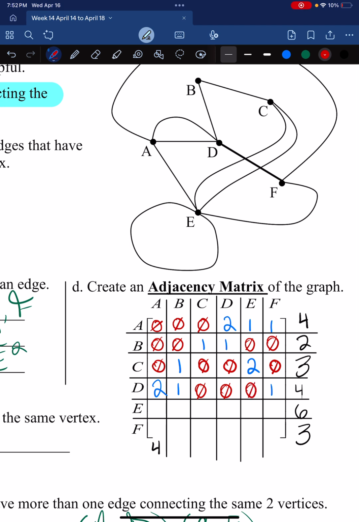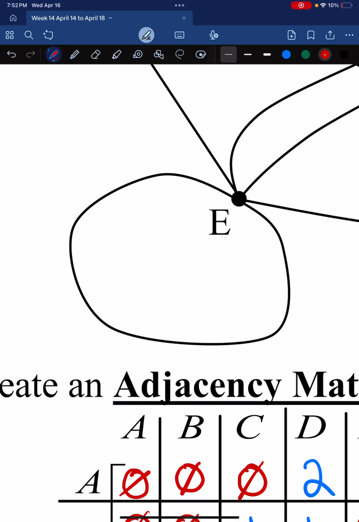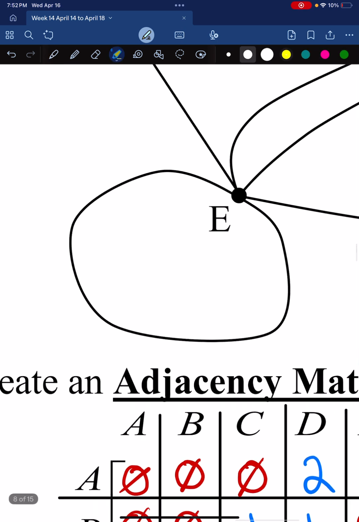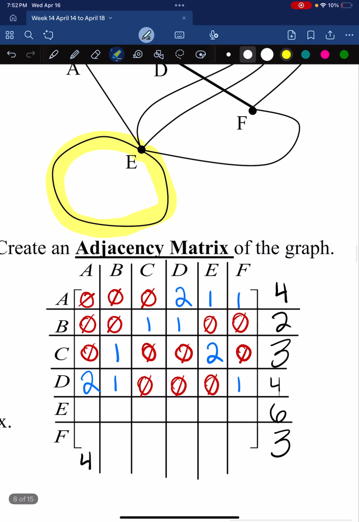Now E is special. Remember, E is the one that has a loop that leaves E and then comes back to itself. So understand that this loop is going in both directions. So there's actually 2 lines that circle around.